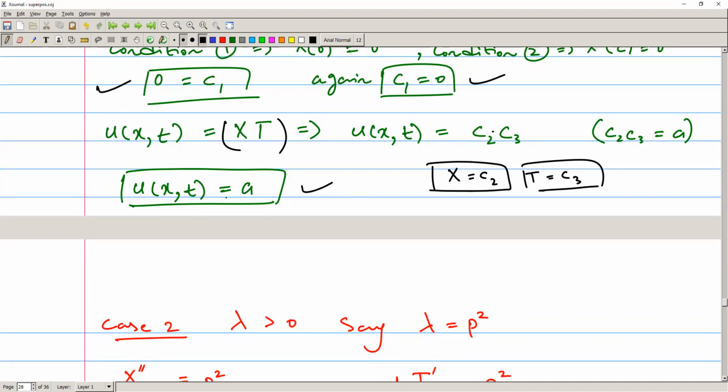In the previous case of homogeneous Dirichlet boundary conditions, we solved for lambda equal to 0 and got a trivial solution, u(x, t) equal to 0, right? But in this case, u(x, t) is equal to A. That means it's a non-trivial solution.